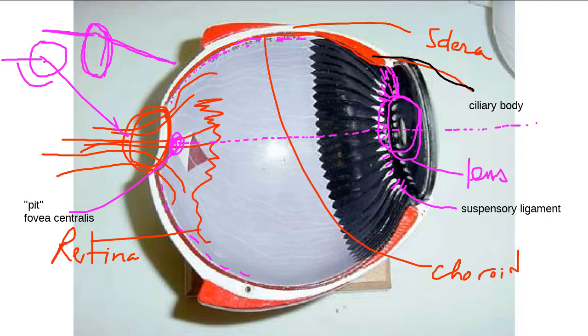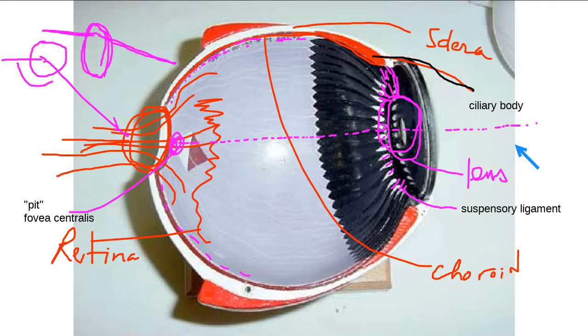The idea here is that you want the lens to change the shape, and changing the shape causes the light to refract. Is it more of a big angle or little angle?